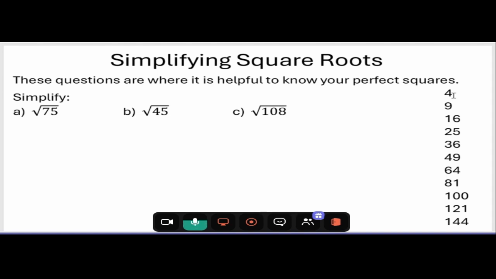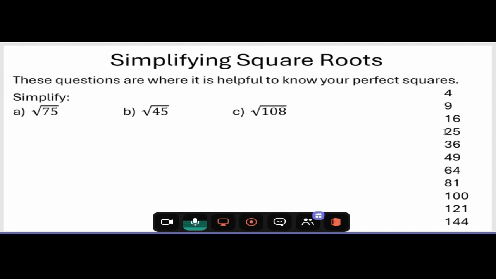Go over to your list, which you've written down or have on your times table sheet, and just start trying them. Does 75 divide by 4? No, and in fact, we can just skip all the evens because there's no way 75 will divide by an even number. Does 75 divide by 9? Check your times table sheet or try it on your calculator or know your times tables, any one of those options. No, it doesn't divide by 9.